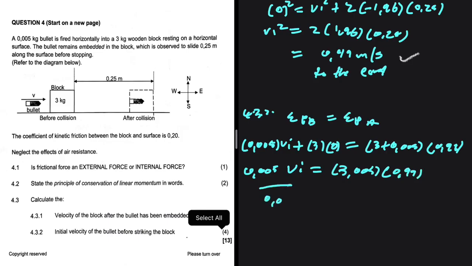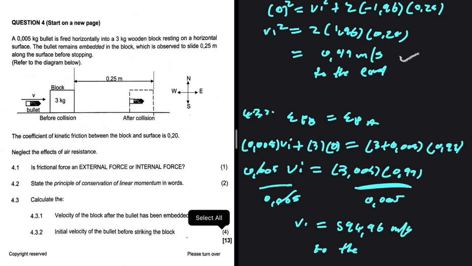Dividing both sides by 0.005, VI will be equal to 594.96 meters per second to the east.